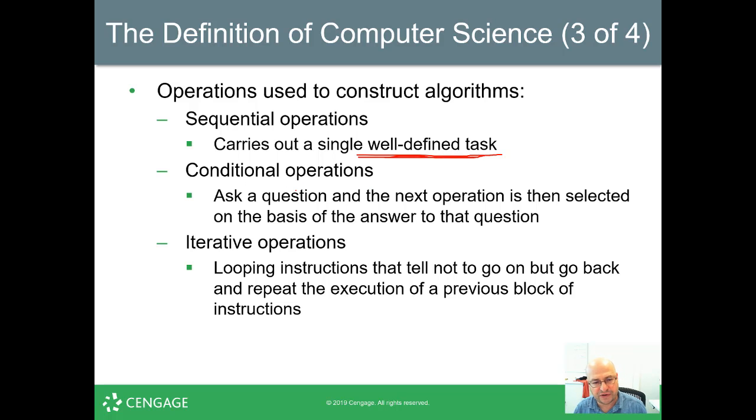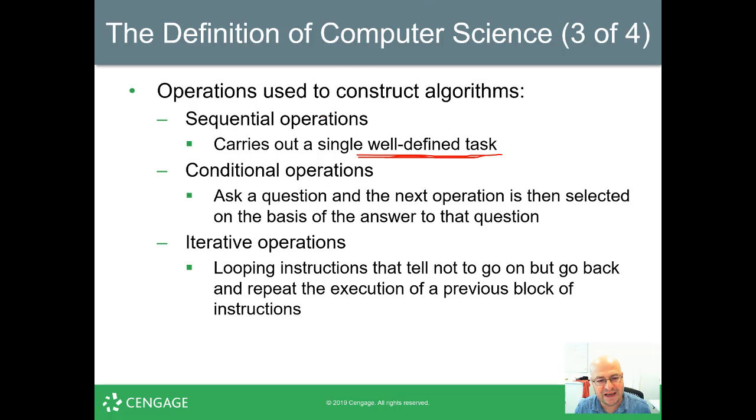Or conditional operations that ask a question and then the next operation is selected. So, for instance, if the water is boiling, in the recipe that you're doing, right? A sequential operation in this case is to put the water to boil. Conditional operations: if the water is boiling, do something with this.